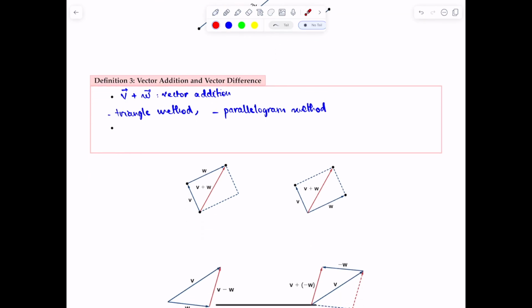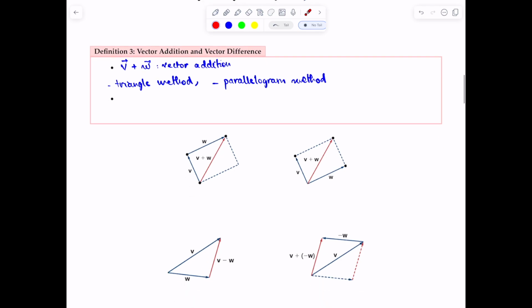So in these 2 images, they show the different methods that you can apply for vector additions, and depending on how you place the vectors, you have a different method. Here, the head of the vector v is at the tail of the vector w, therefore you can apply the triangle method, because it forms a triangle in this sense.